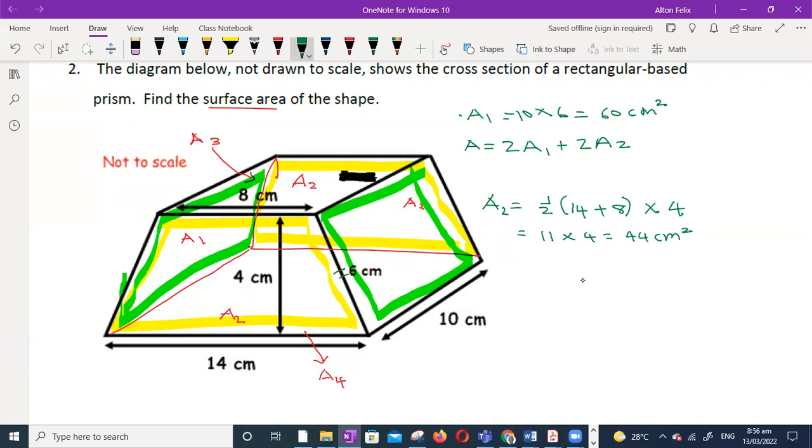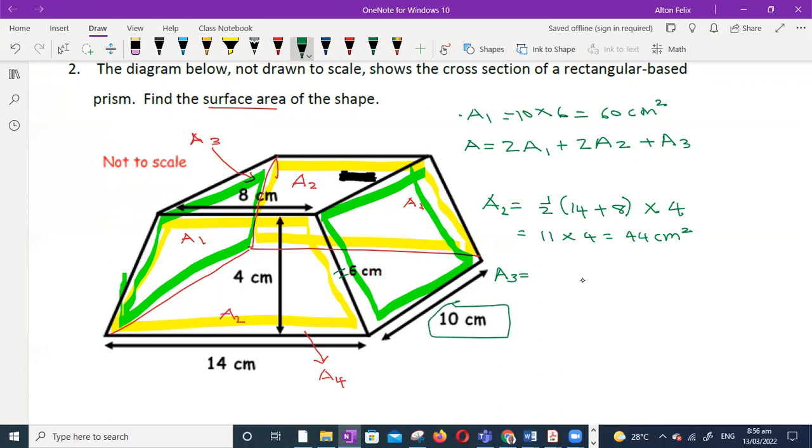Now, the top portion of this shape here, this rectangular base prism, is area 3. So we're going to add area 3 here. Let's work out area 3. It's rectangular. So this distance here is 8, and the distance going across here is 10. Are you seeing 10 from below here?